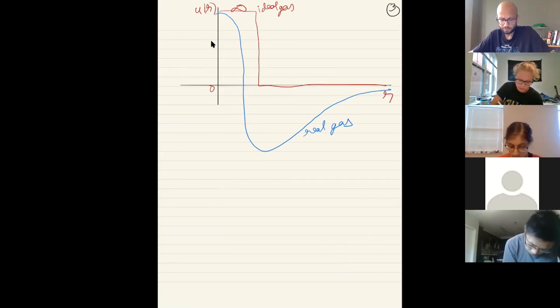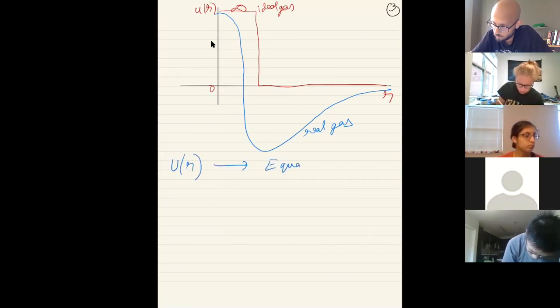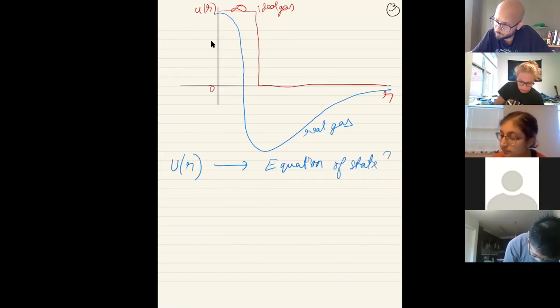So that's fine. We have talked about potential energy. How do we go from potential energy to equation of state? How do we do that, right? That's the big question now. So is it possible to derive PV is equal to nRT?